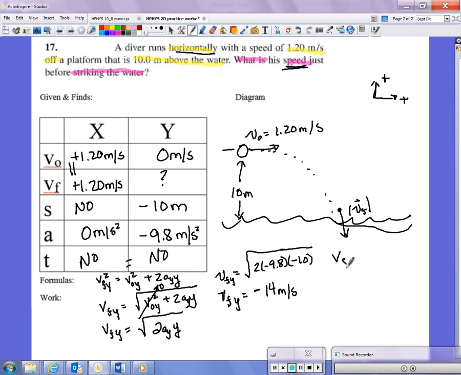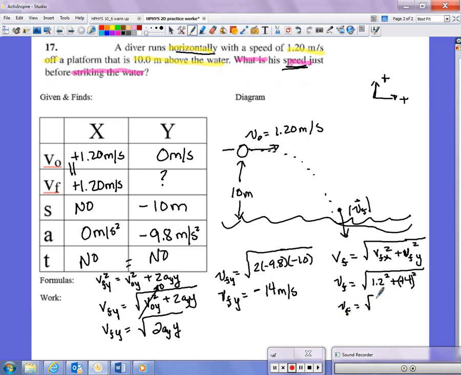So Vf is equal to the square root of Vfx squared plus Vfy squared. So Vf is equal to the square root of 1.2 squared plus 14 squared, and I really should put that negative sign in there so I don't forget it. It won't make any difference because the term is squared.